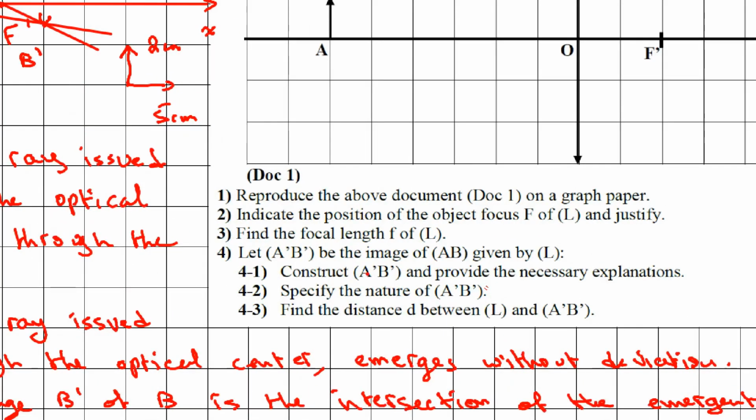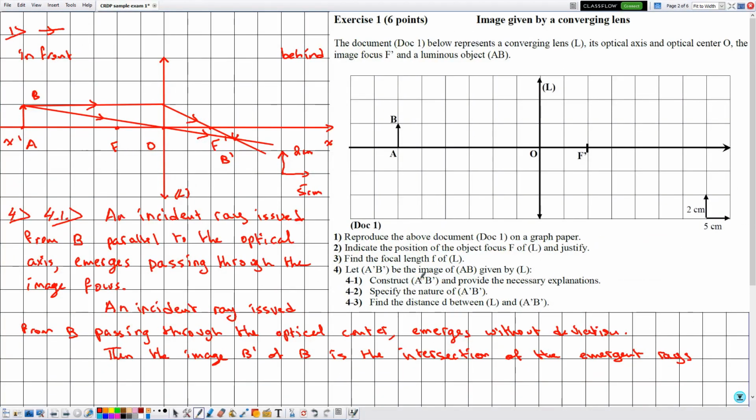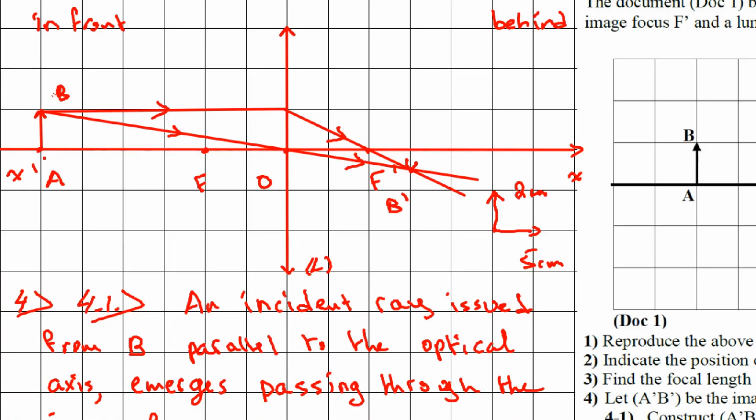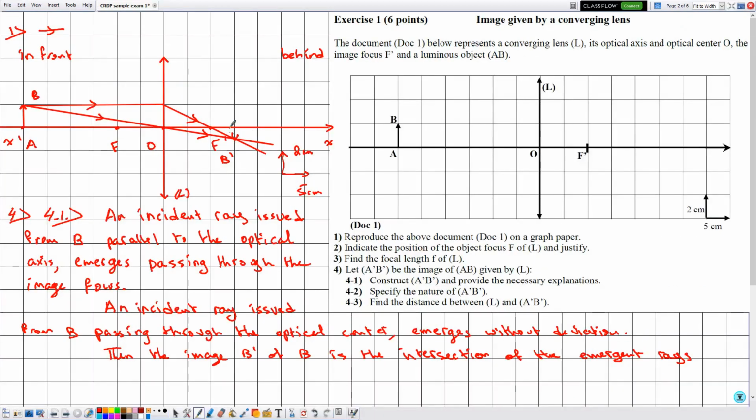Yet it's left to construct A prime, which means that we need to trace and justify A prime. So here, because A represents the foot perpendicular of B on the optical axis, then A prime will represent the foot perpendicular of B prime on the optical axis. This is A prime. And now let's trace the image A prime B prime.